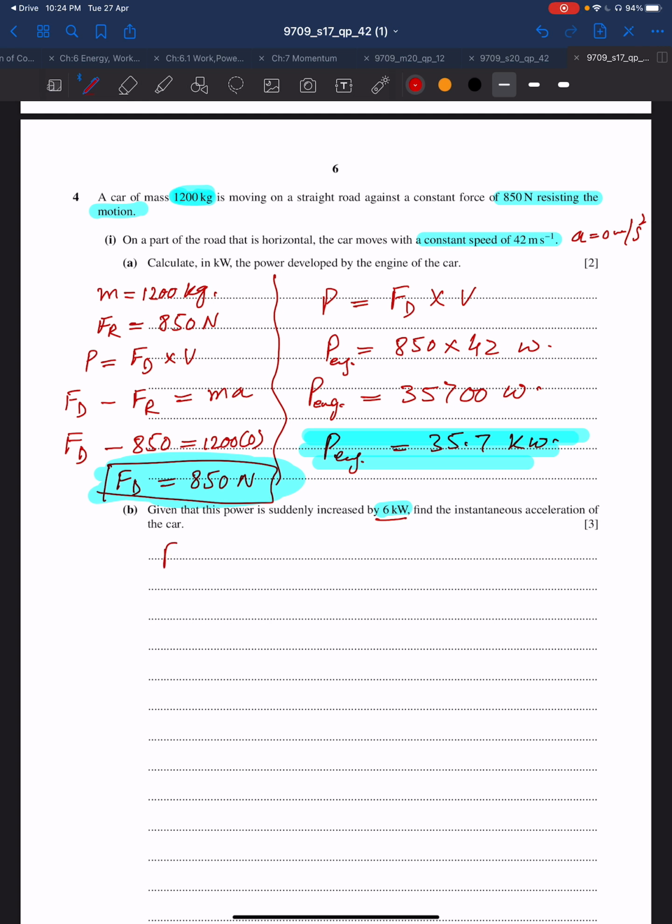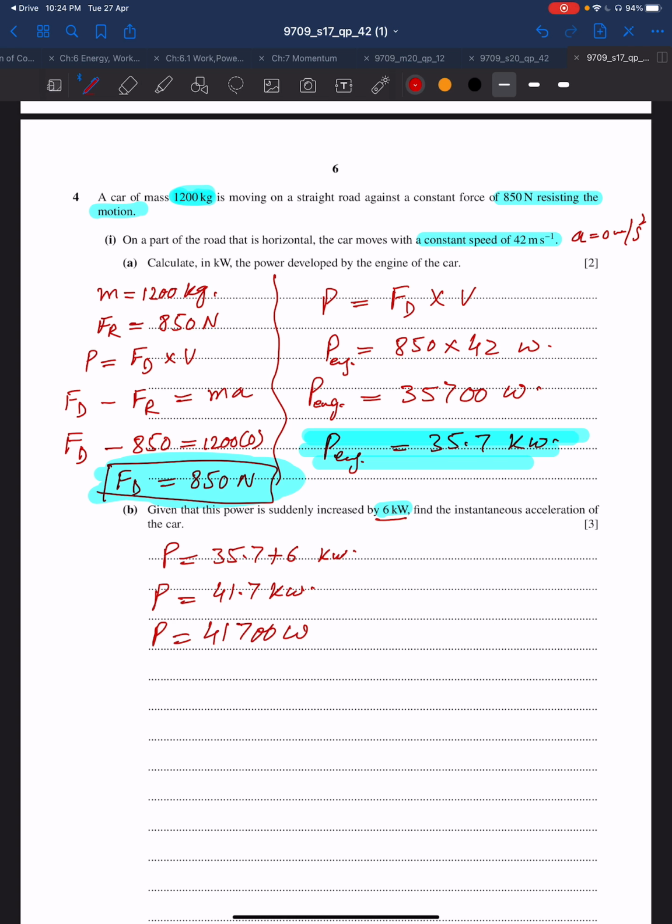So power will become 35.7 plus 6 kilowatts. So this will become 41.7 kilowatt.